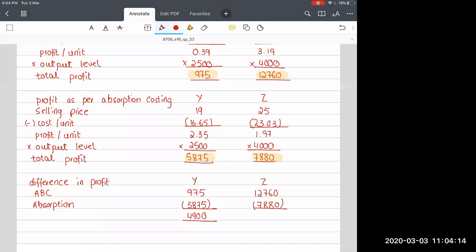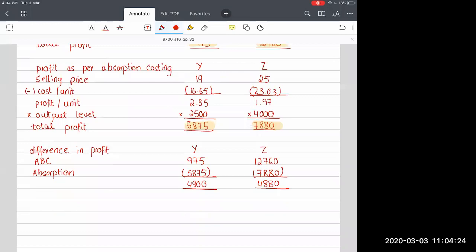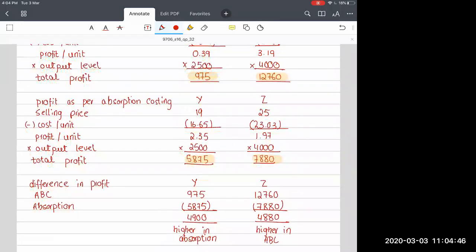So 12760 minus 7880, the difference is 4880. So this is the comparison of profit between Y and Z.